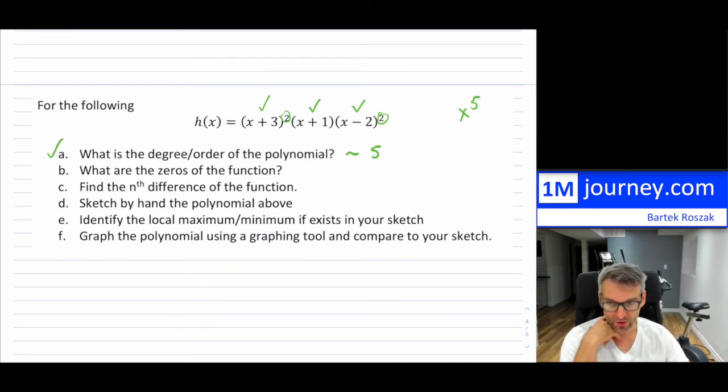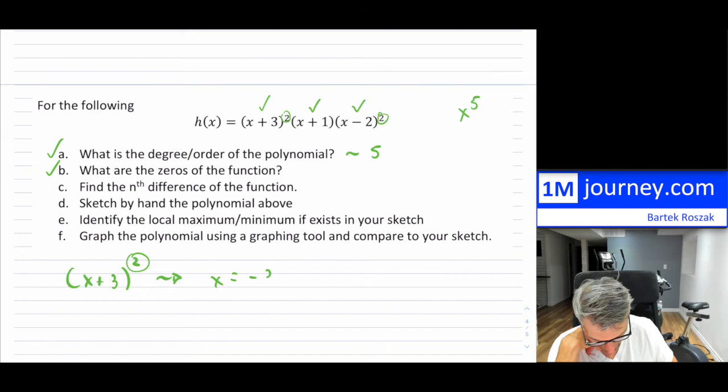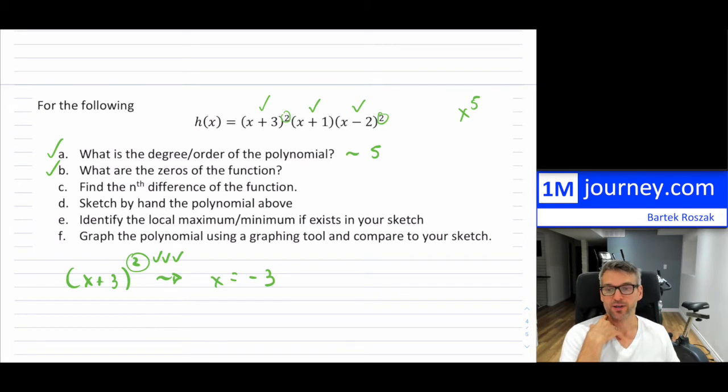What are the zeros? Well, this one we don't need to graph because it's already in factored form. So coming from here, this is of order 2, and the zero here is going to be at -3, of 2nd order. All right, so that's going to be one of them.